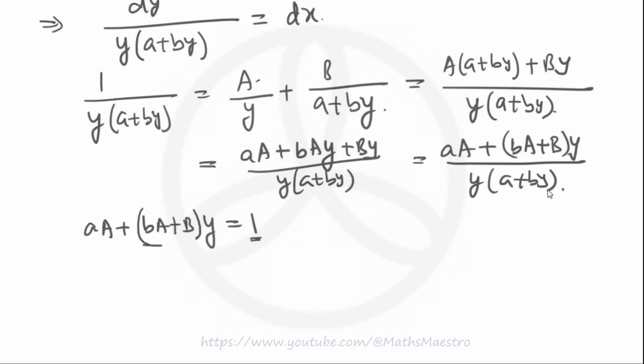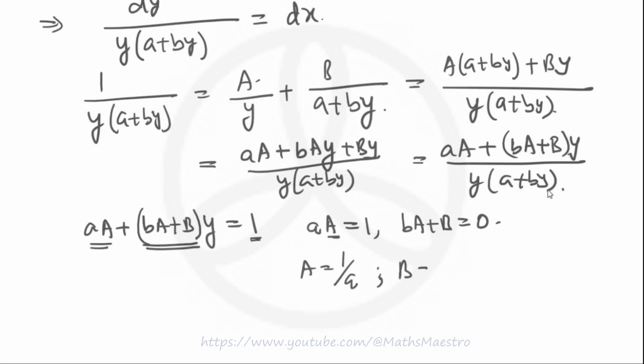That means this particular expression will be 0 and this will be 1. From here we get capital A is equal to 1 by small a, and A b plus capital B is equal to 0. From here we get capital B is equal to minus small b times capital A, and that capital A I can get from here as 1 by a, and this will give me minus b by a.